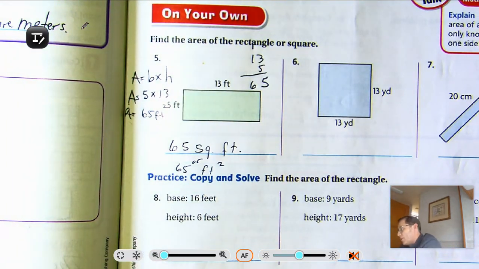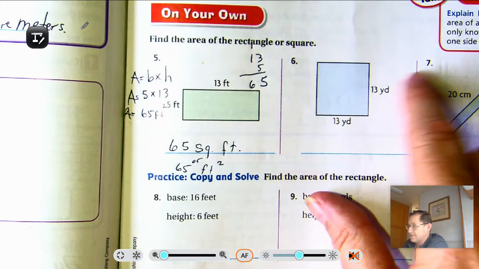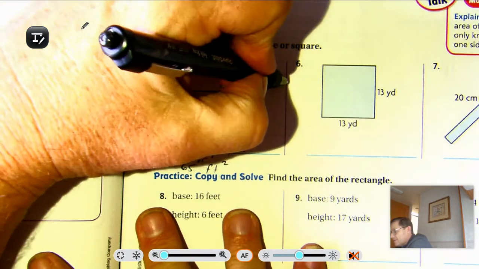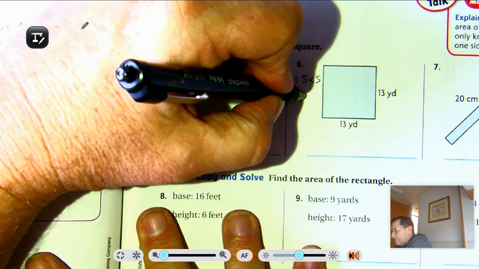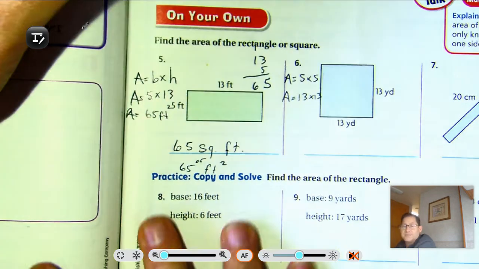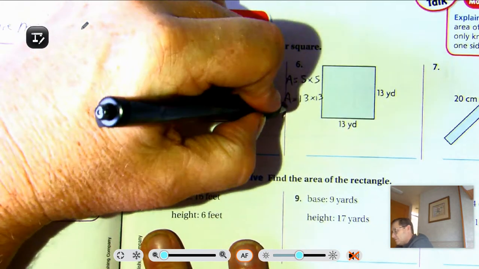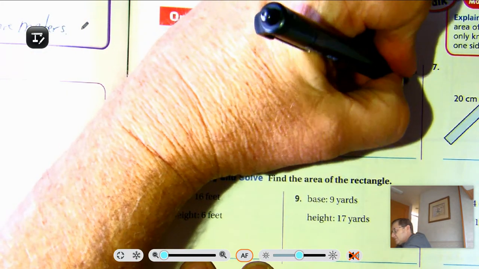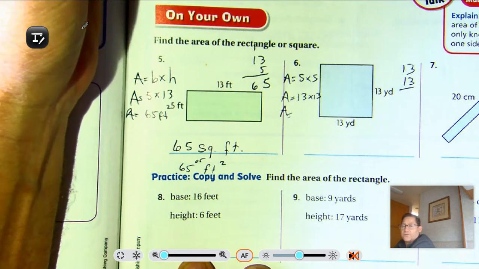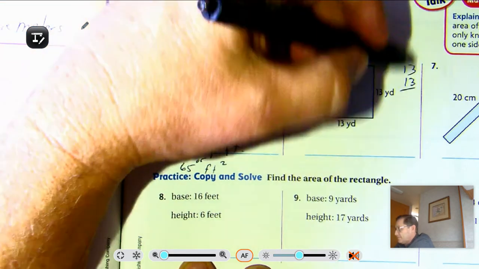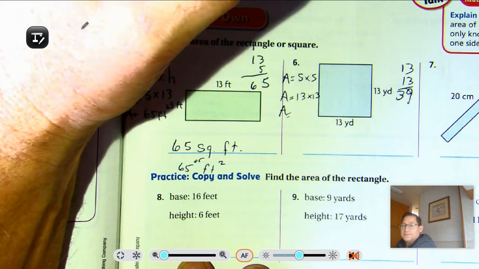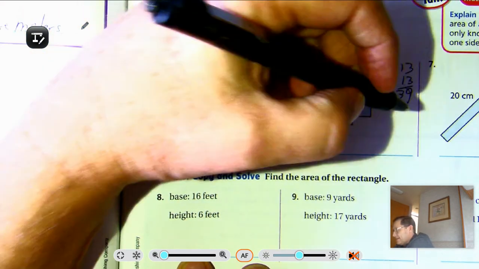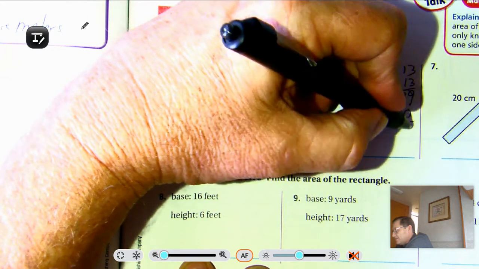All right, 6 is a square. How do I know it's a square? Because the sides are exactly the same. So area equals side times side. Area equals 13 times 13. Well, it is 13 times 13. 3 times 13. 3 times 3 is 9. 3 times 1 is 3. 13 times 10 is 130.